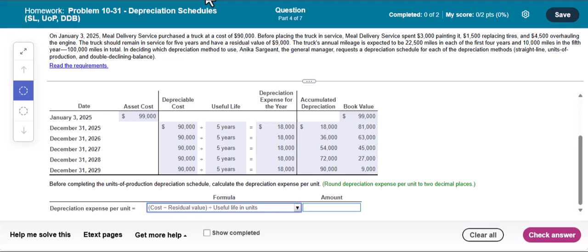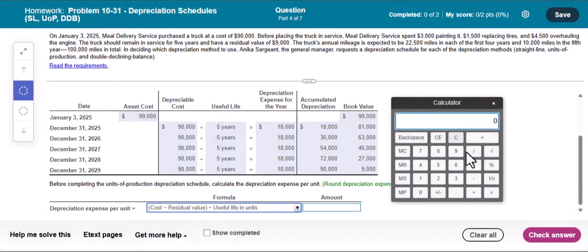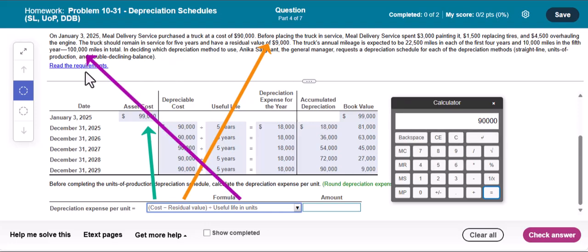So to calculate the depreciation per unit, which is depreciation per mile in this case, we're going to take the cost minus the residual value divided by however many miles we think we can drive this truck. So let's take a look at that here. We're going to take our calculator back out. So we have that $99,000. That was the cost, but we have to subtract out residual value of 9,000. And then we divide this 90,000 here by the amount of miles we think we're going to be able to drive this truck.